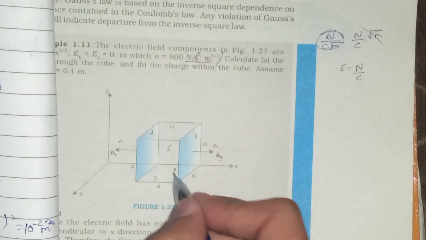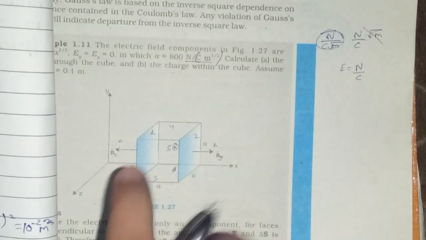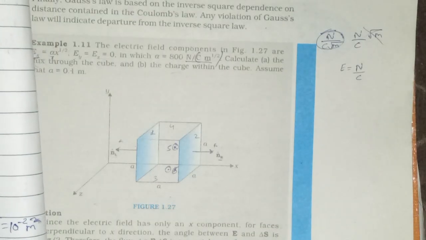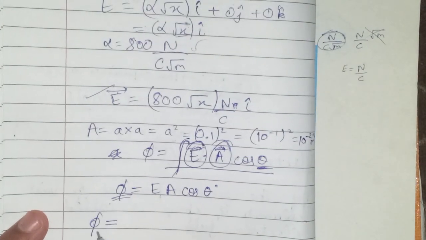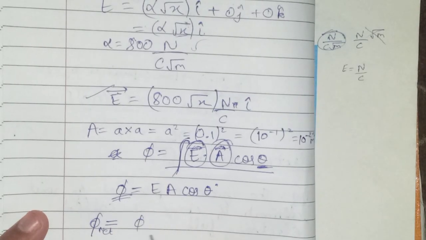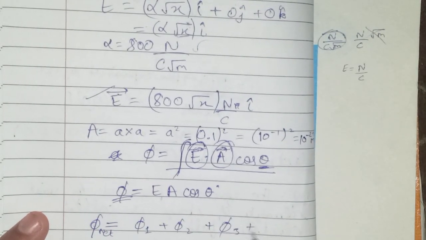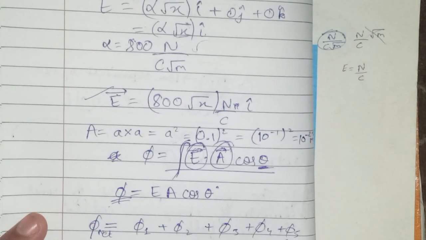There is a 6th surface also. This one is the back one and this one is the front one. So the net flux should be the flux of the first, second, third, fourth, fifth and sixth surfaces.